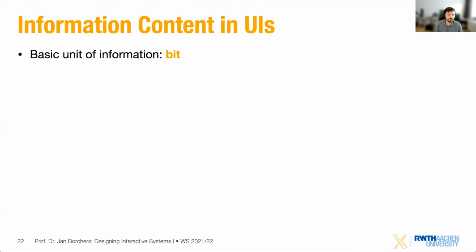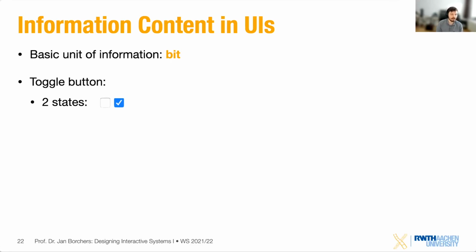So when we think about how to measure this user interface, we think about how much information it has, and more or less this means how many states our user interface can have. So if we just look at a checkbox, and we can toggle this checkbox, it can be turned on or off.